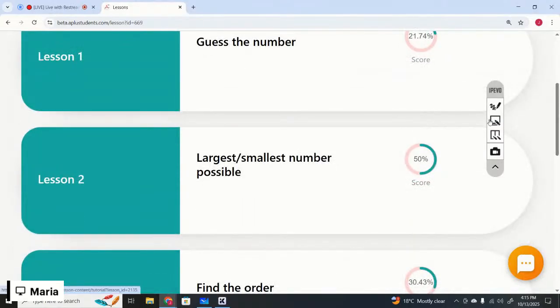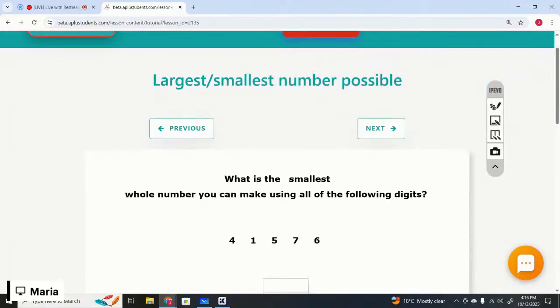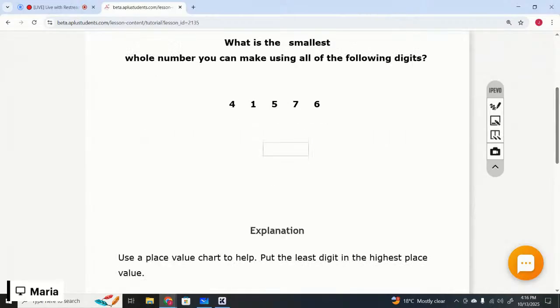The next lesson is largest smallest number possible. What is the smallest whole number you can make using all the following digits?